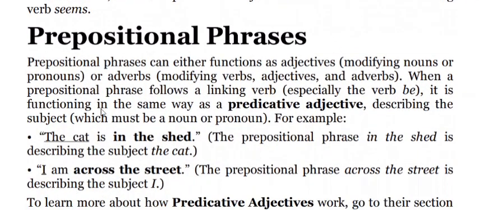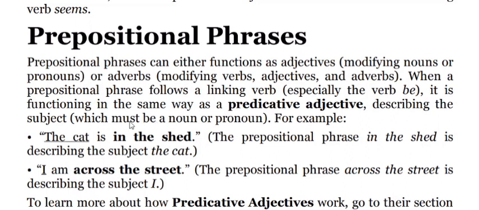Prepositional phrases. Prepositional phrases can function either as adjectives modifying nouns or pronouns, or as adverbs modifying verbs, adjectives, and adverbs. When a prepositional phrase follows a linking verb, especially the verb be, it is functioning in the same way as a predicative adjective, describing the subject, which must be a noun or pronoun.